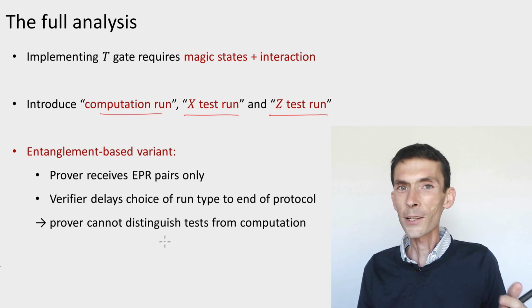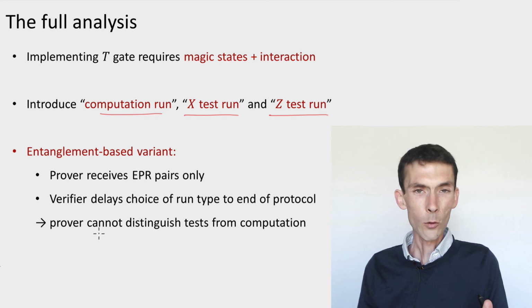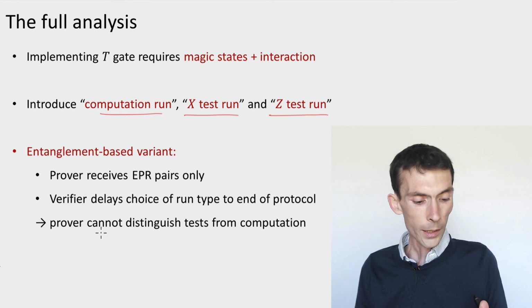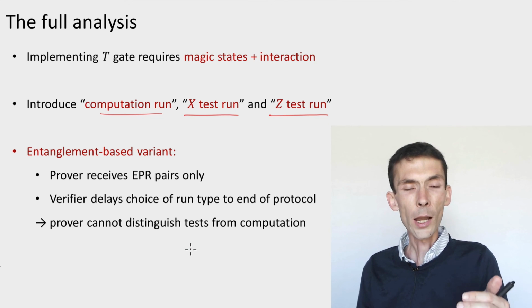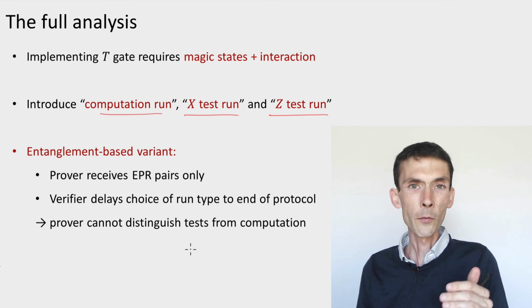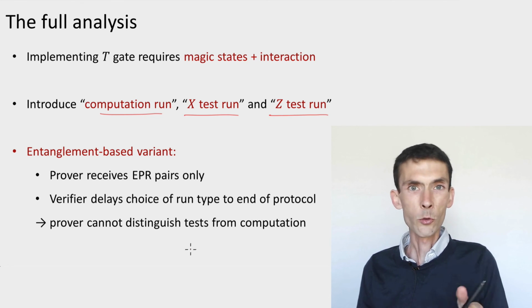That's a similar idea that we saw in the analysis of quantum key distribution. It is possible to reformulate the protocol that I described to you as a protocol in which at every step the only thing that the verifier ever sends to the prover is half of an EPR pair. That's all. The verifier prepares EPR pairs and sends halves to the prover.